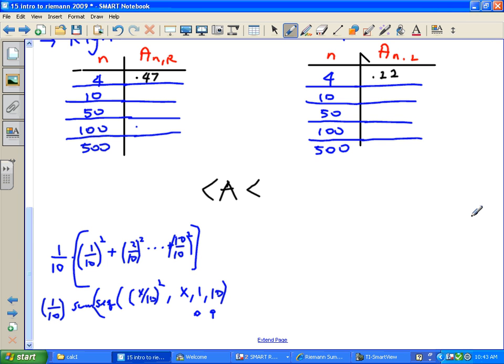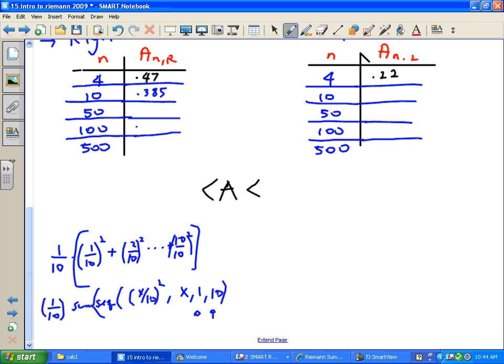For n equals 10, what do we get for the right-hand side endpoints? 0.385 or something like that, 0.39, correct? Did everybody get 0.385 for the right sums?